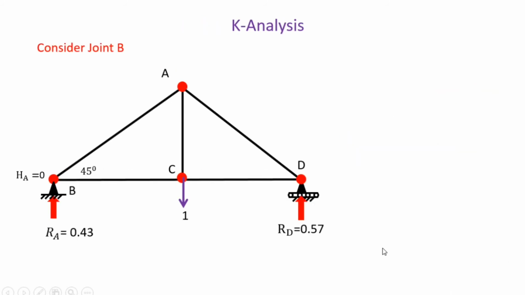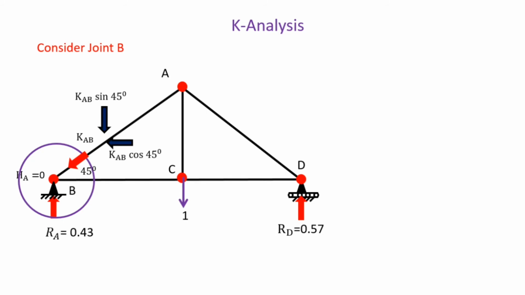Then by considering the joints one by one, we are finding the member forces due to this unit load at the joint C. So first consider the joint B, and the force is KAB. Assume the direction of KAB is towards the joint, and this force is inclined, that is why we resolve the forces in two directions, horizontal and vertical. So KAB sin 45 is vertically downward and KAB cos 45 is towards the left, horizontal.